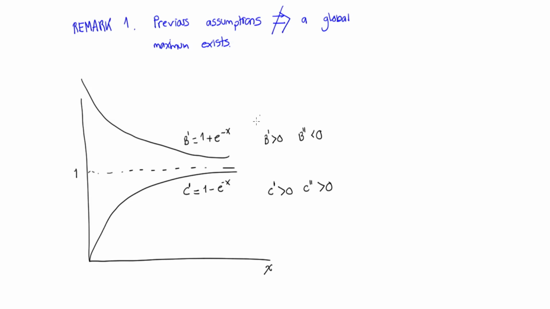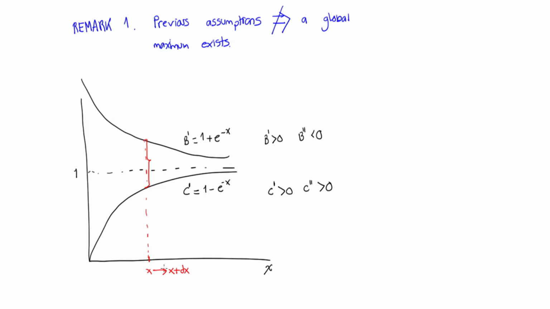So given that the concavity conditions are satisfied, the objective function is strictly concave, we're maximizing over the positive range, and all of the assumptions 1 to 3 are basically satisfied. And yet, it's easy to see that a global maximum doesn't exist. Let's see why. It doesn't matter what level of x you pick. At that level of x, the marginal benefit exceeds the marginal cost by this much, which implies that it's payoff improving to move to x plus dx, to move a little bit to the right.